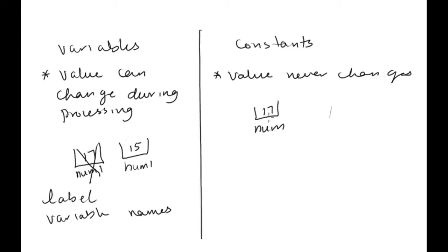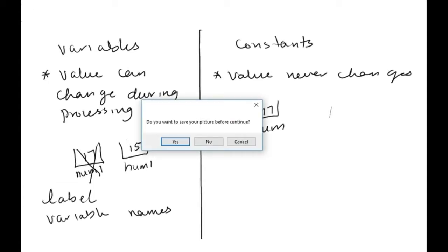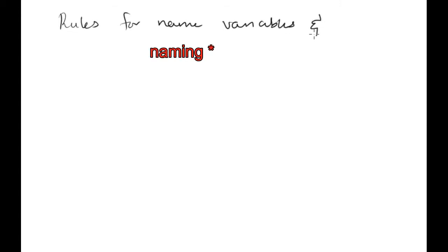Now, when you are naming variables and constants, there are certain rules you must keep in mind. There are certain rules for naming variables and constants, and we're going to look at them. Rules for naming variables and constants.